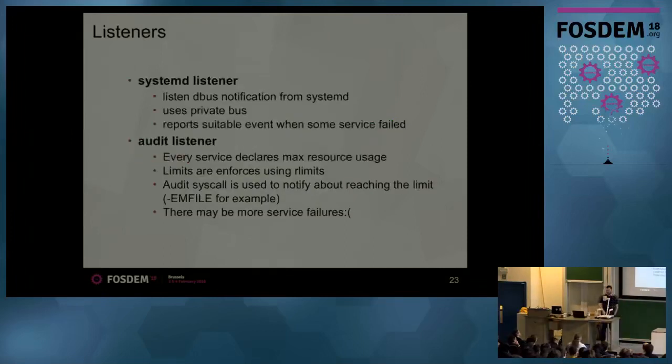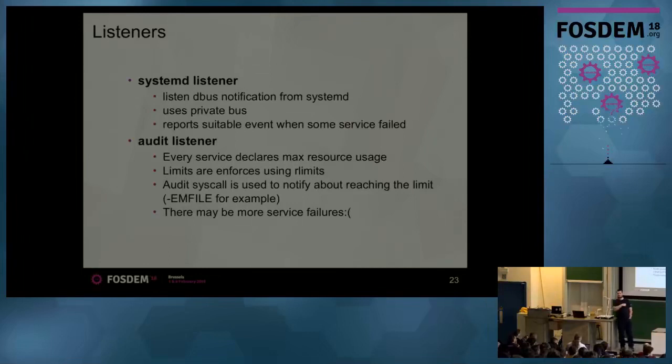First of all, it's the systemd listener. It's subscribed on the private systemd dbus. Why private? Because the dbus daemon is a service, and to be more precise, it's a critical service for our platform, because most of our services use dbus for communication. So we don't want to get notifications from systemd via the dbus daemon.